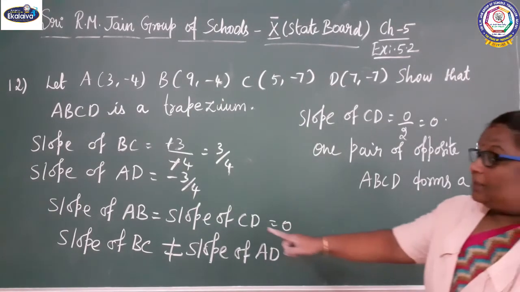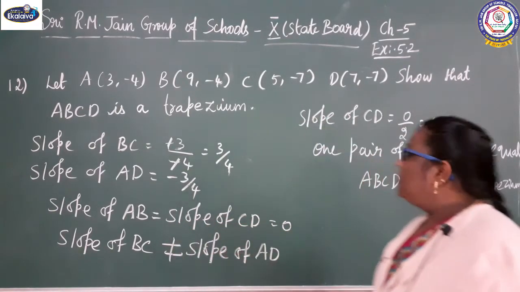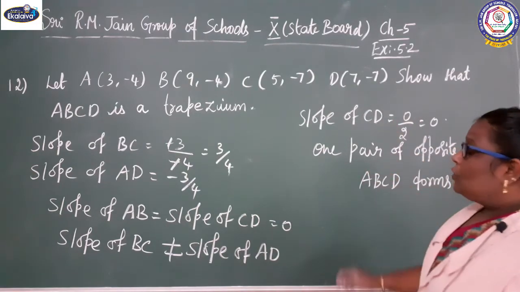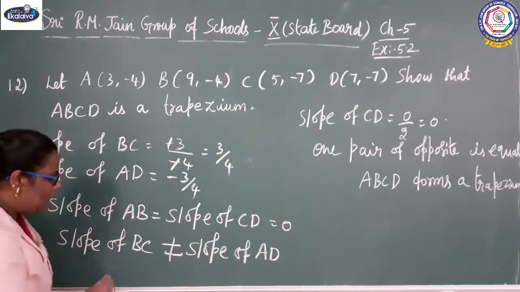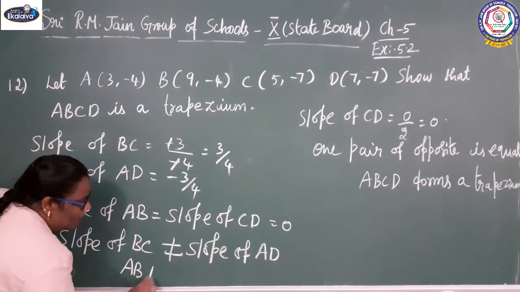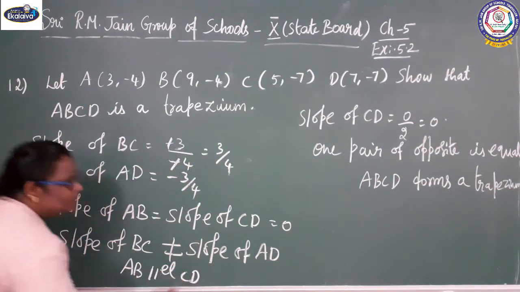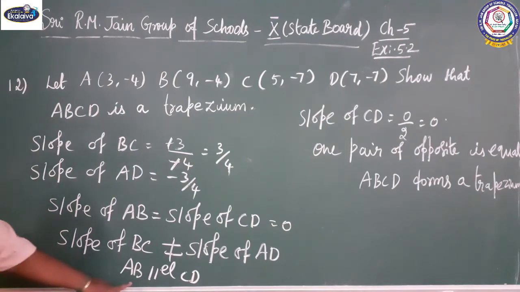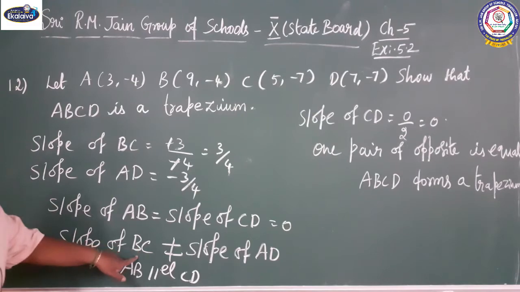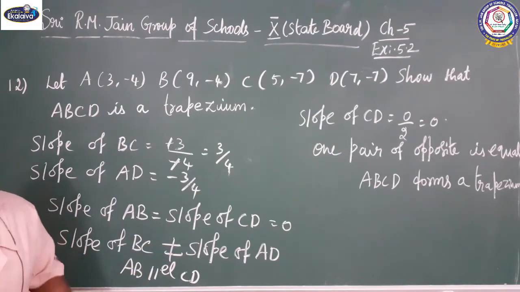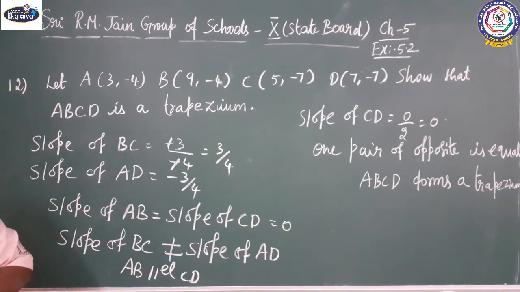So see here, slope of AB equal to slope of CD is nothing but what? AB is parallel to CD. This side is a parallel side and slope of BC not equal to slope of AD. This side is not a parallel side.